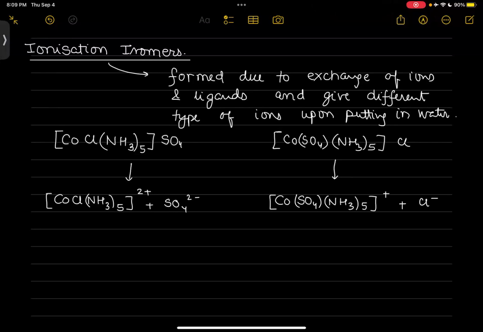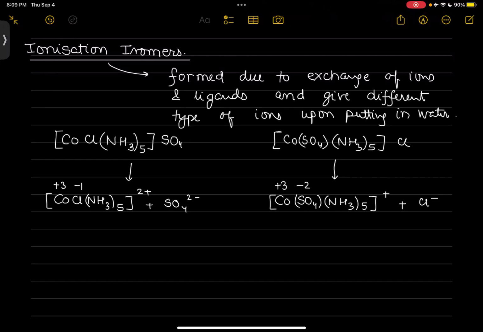Look here, cobalt is +3, Marwa, and you have Cl minus. So +3 and -1 give you +2, and that is balanced by -2. Similarly, +3 and -2, the square bracket will carry +1 charge, and that is counterbalanced by Cl minus.